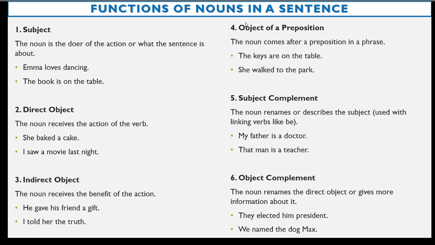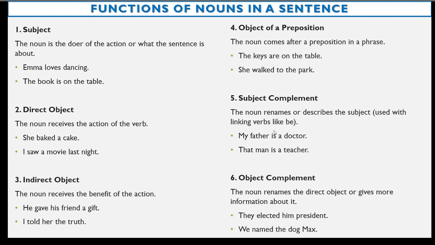Fourth is object of a preposition. The noun comes after a preposition in a phrase. The keys are on the table. She walked to the park. Subject complement. The noun renames or describes the subject, used with linking verbs like to be.